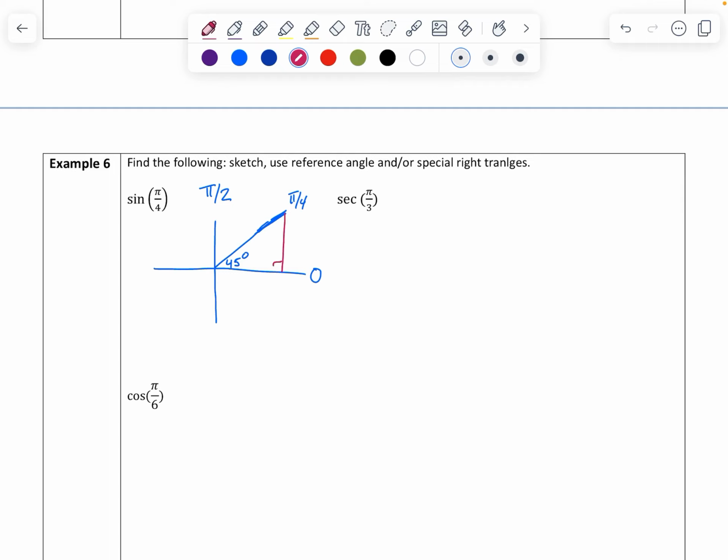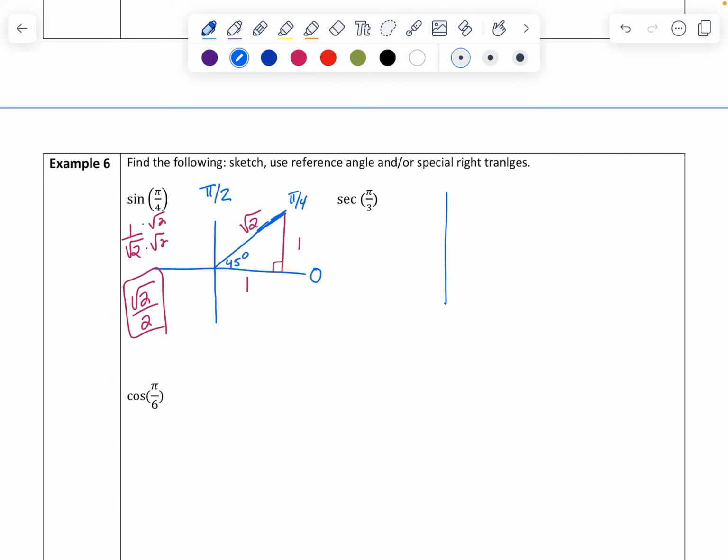And then we could drop down, that would be our reference angle. We could make our right triangle. Since it's 45 degrees, our triangle ratio would be 1, 1, square root of 2. And then we could find the sine of pi over 4 by using this triangle. So it'd be 1 over the square root of 2, which you would rationalize to be square root of 2 over 2.